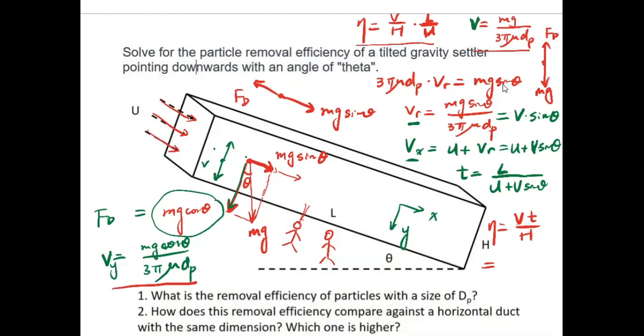We can make the substitution. To differentiate from others, let's assume that this v here is a v bar. We have vx equal to u plus v bar sine theta, and vy equal to v bar cosine theta.